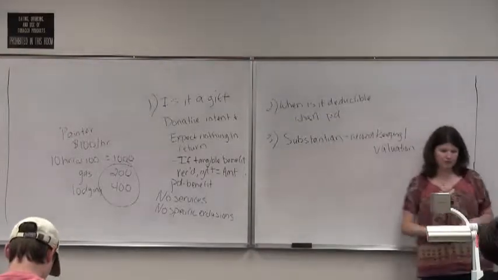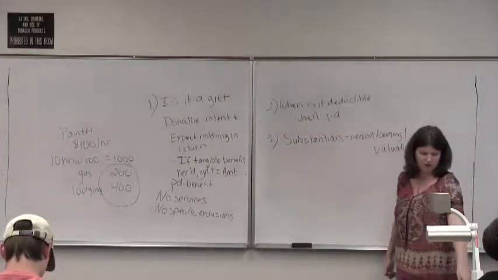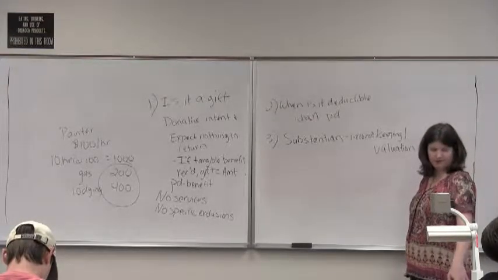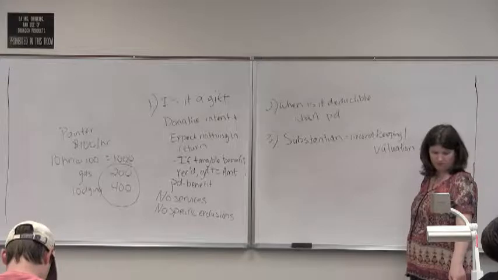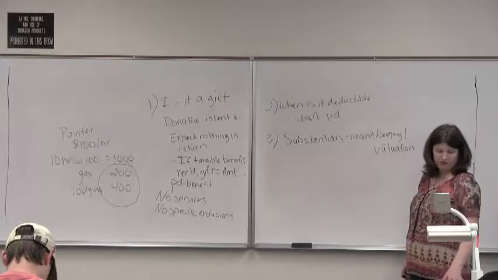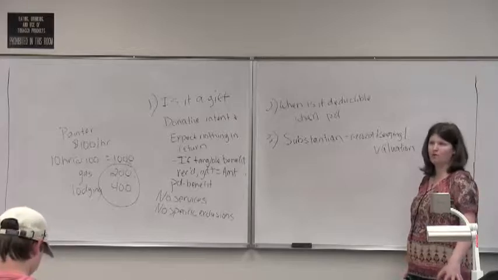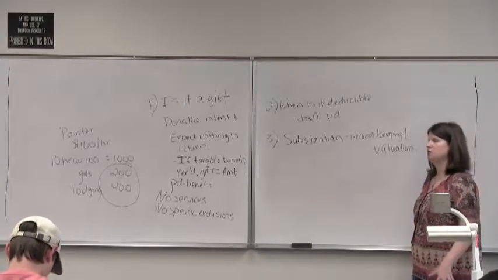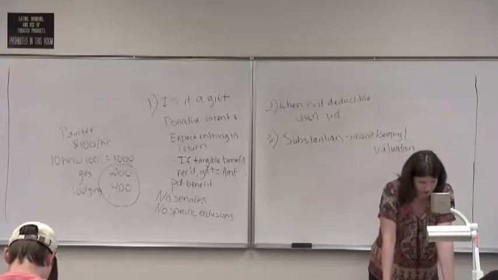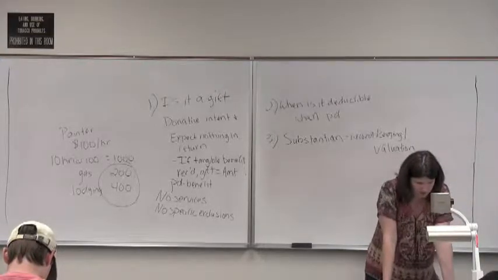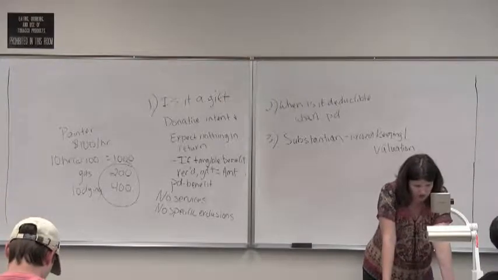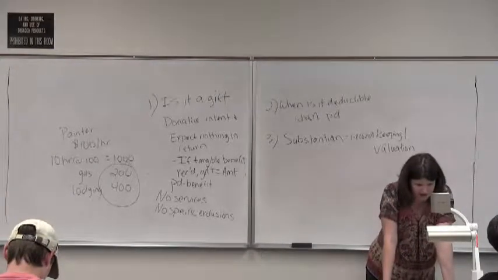So if you look in the book at page 1022, concept summary 10.2, this chart lays out the different substantiation requirements for charitable contributions. So for instance, if you have a cash gift, you have to have a proper receipt showing the name of the charitable organization and the date and the amount.